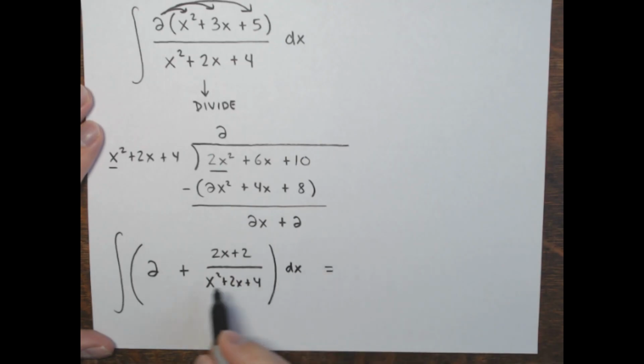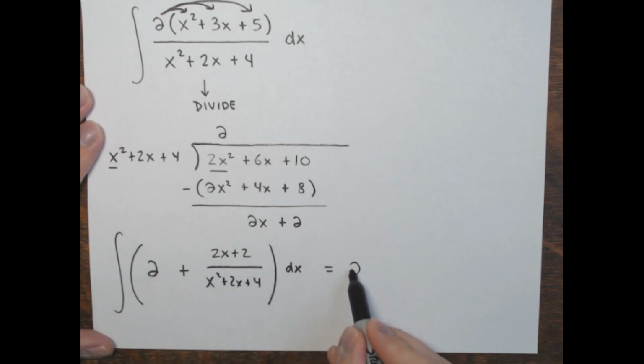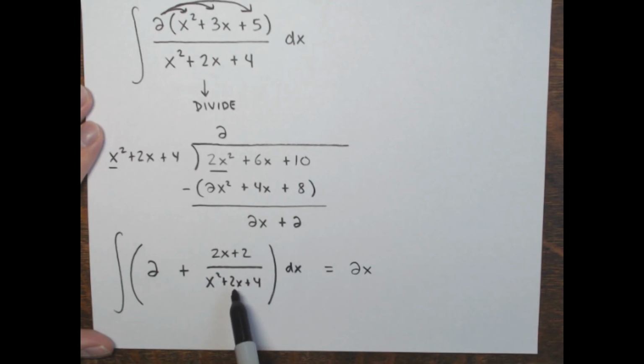examples. The integral of 2, no problem, 2x. And then once again, as in the last 2 examples, when I'm integrating this fraction, notice the derivative of the denominator is the numerator. x squared plus 2x plus 4. If I let that be u, then the 2x plus 2 dx would be du.